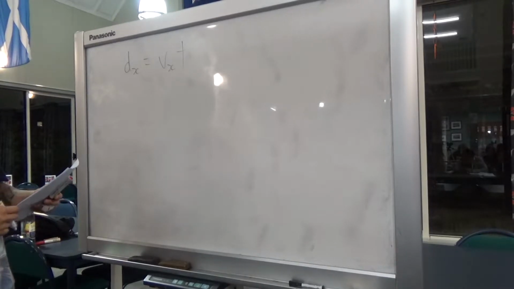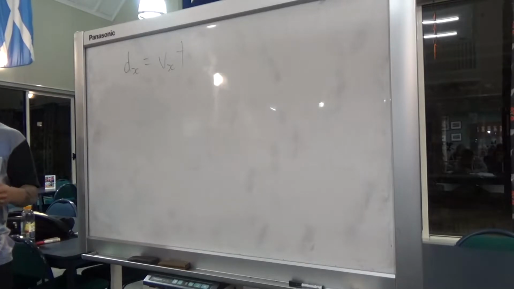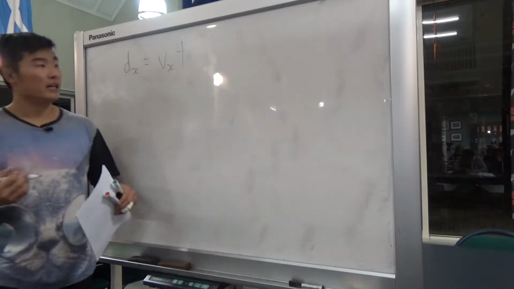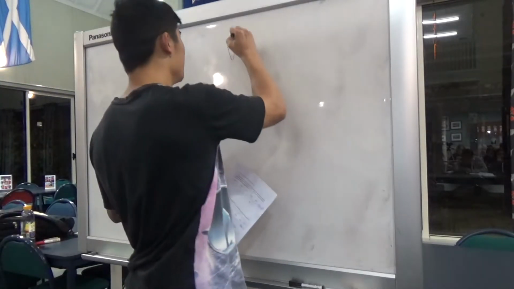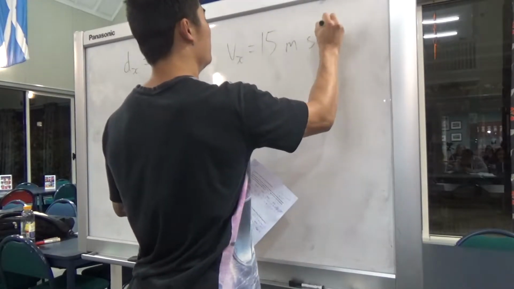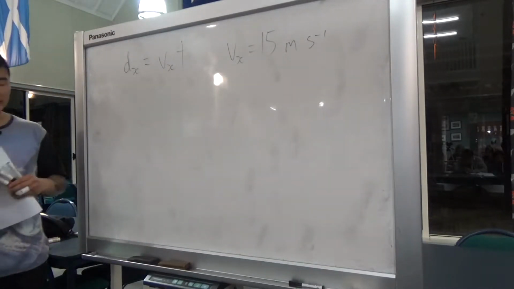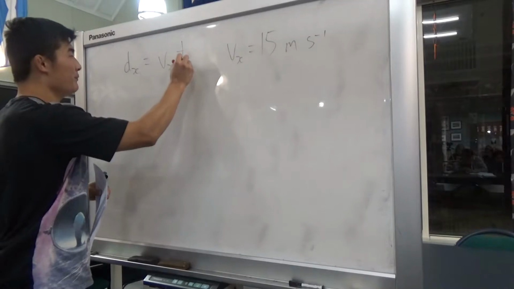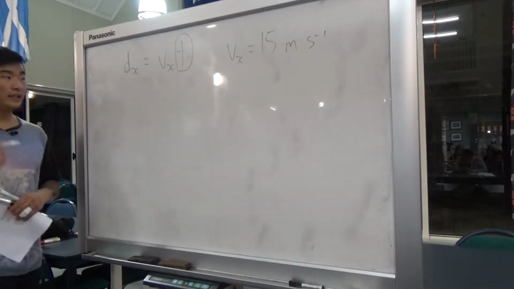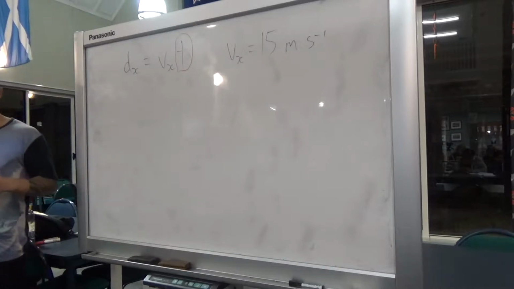And we know that the horizontal component of the velocity will be 15 meters per second. So Vx is equal to 15 meters per second. And what we need to find out is the amount of time that the ball was in the air for.